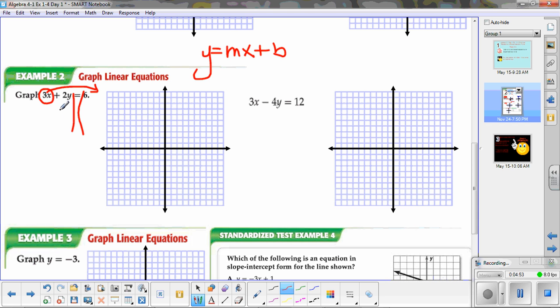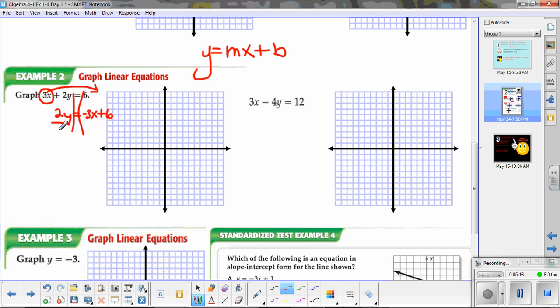So I'm going to go ahead and write 2y on the left. Now on the right, since I want it in this form, I'm going to put the x term first. And when I move this 3x over, it becomes negative 3x. And then this is a positive 6. Now we have one thing left to do to get it into this form. We don't want 2y, we want just 1y.